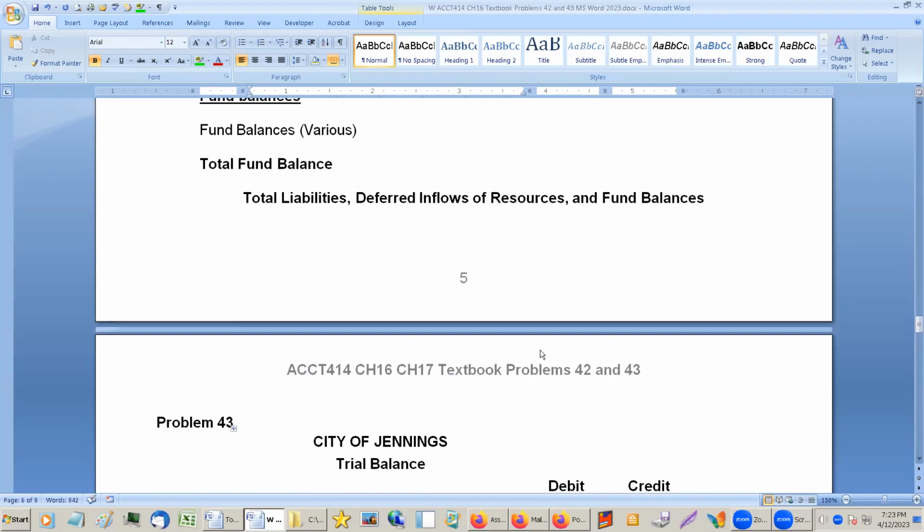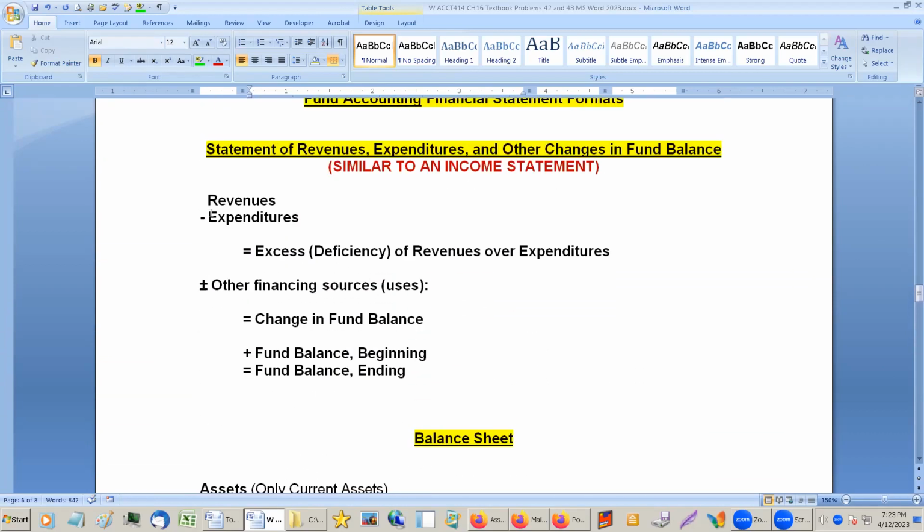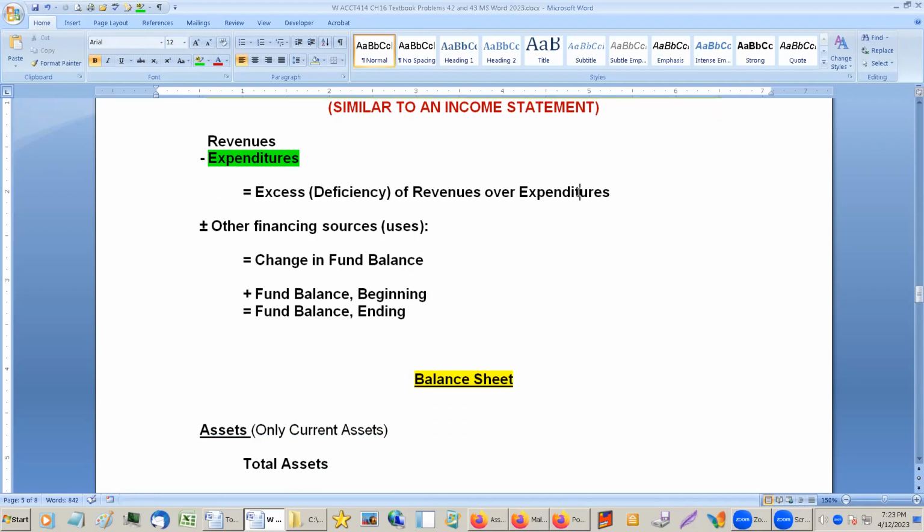So anyway, these expenditures are basically all payouts for everything. And so you can have an excess or deficiency. And a lot of times there is a deficiency. And that's because coming down here, we have other financing sources. So this is actually money coming in or money going out for other financing. If you sell bonds, it'll be down here, almost like a revenue.